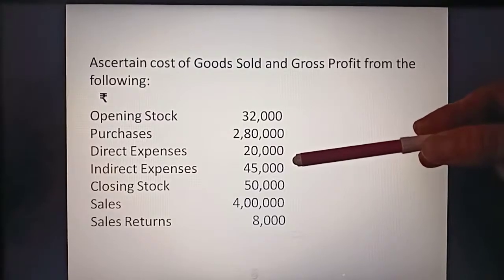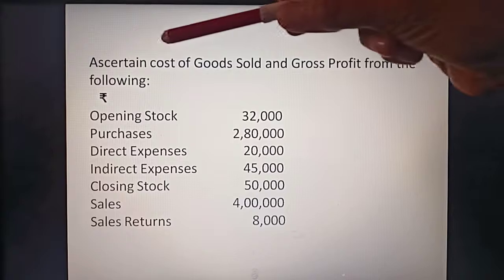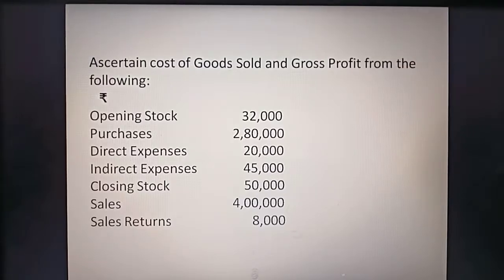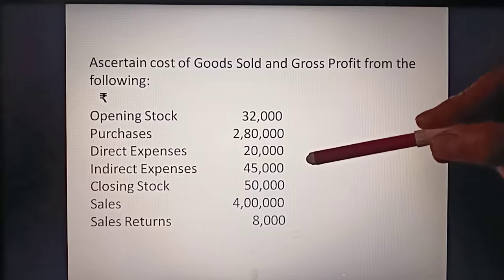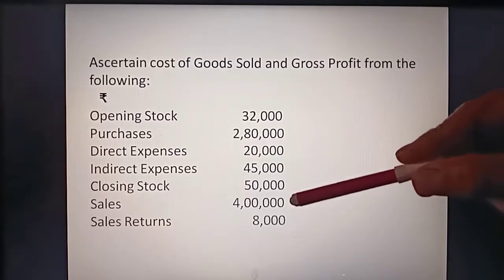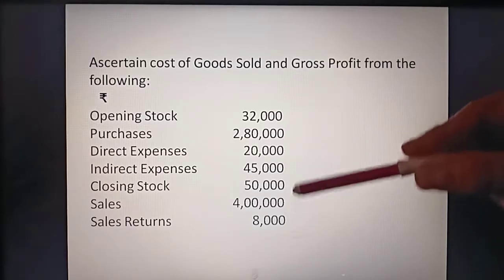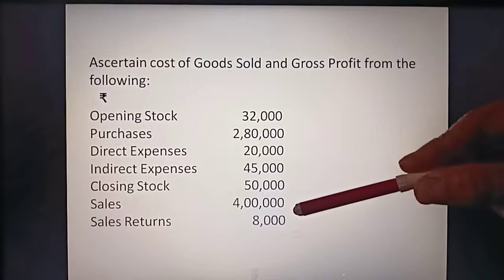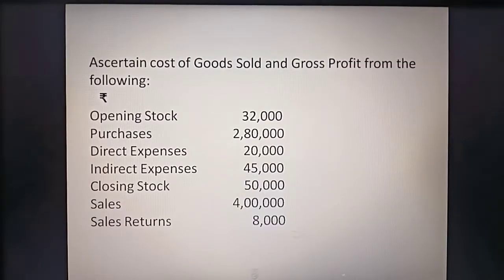They will not be recorded in the trading account, and cost of goods sold is calculated from the trading account only. So we ignore indirect expenses. After that, sales and sales return are given. Sales minus sales return gives net sales. This will be needed while calculating gross profit.